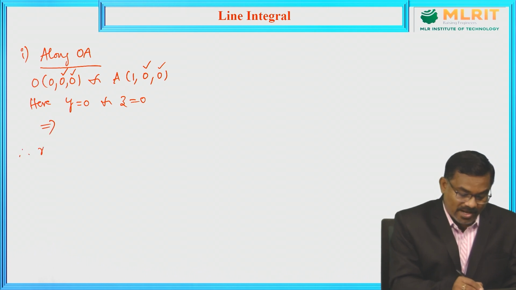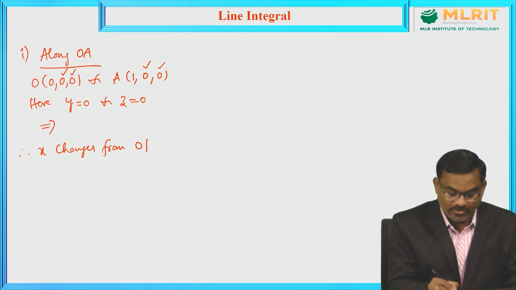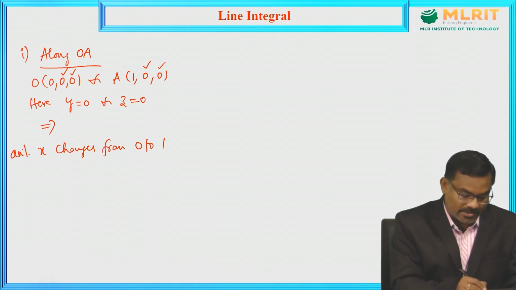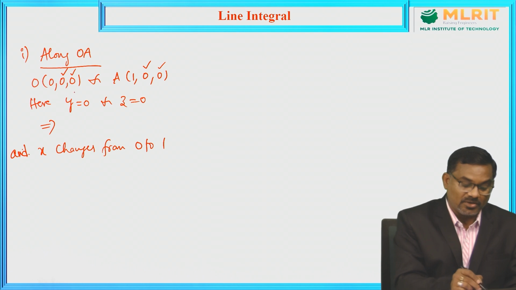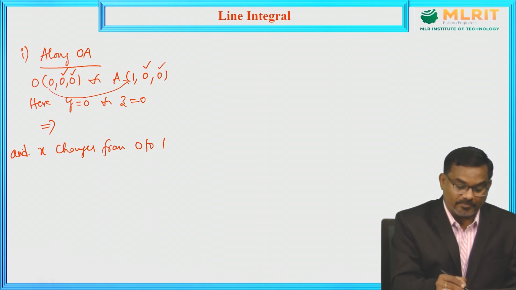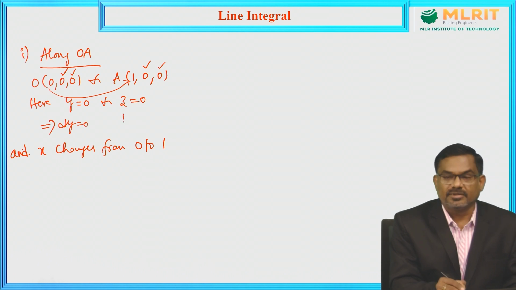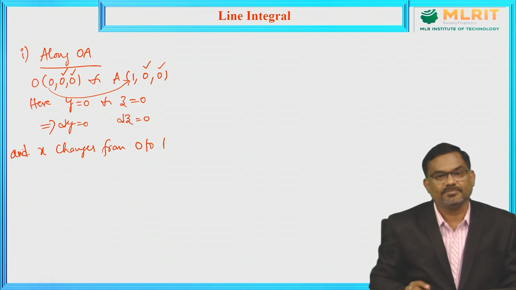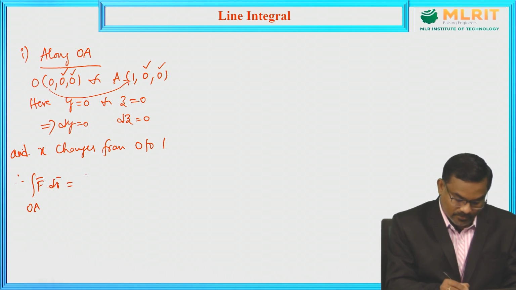Therefore X changes from 0 to 1. If Y is 0, dy will be 0, and if Z is 0, dz will be 0. So along OA, the integral of F bar dot dr bar is taken with x from 0 to 1.